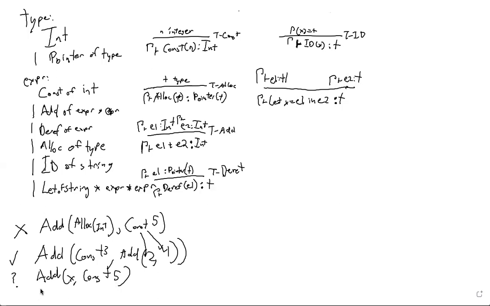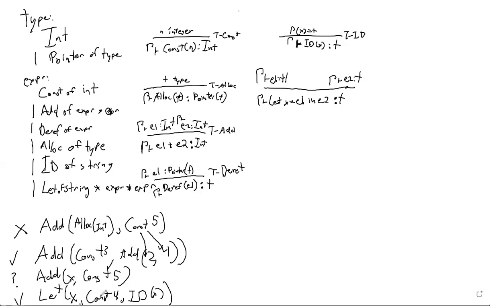For example, if we had let X is equal to const 4 in, let's just say, ID of X, then this should type check.